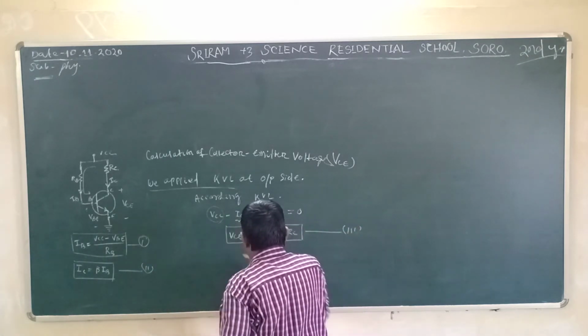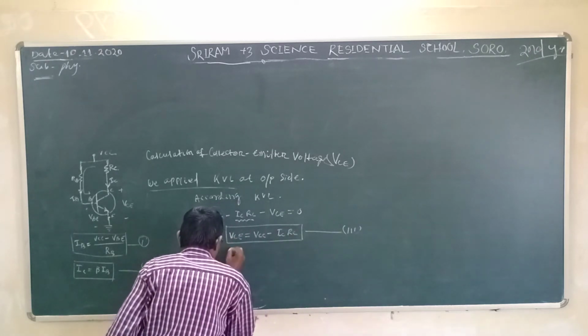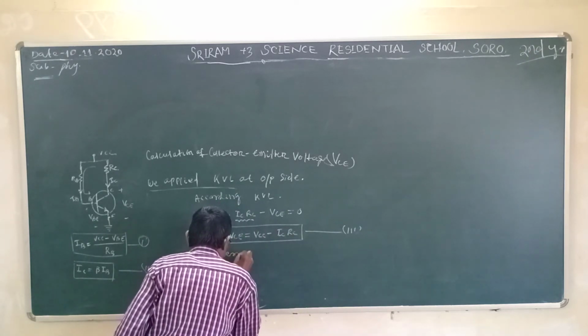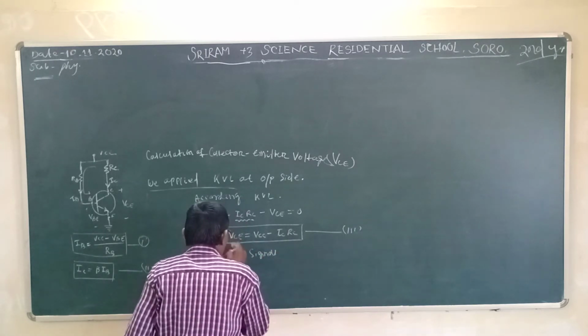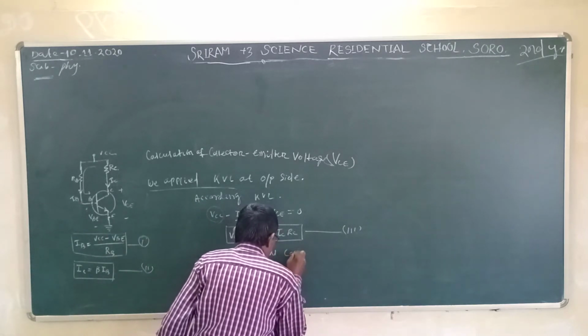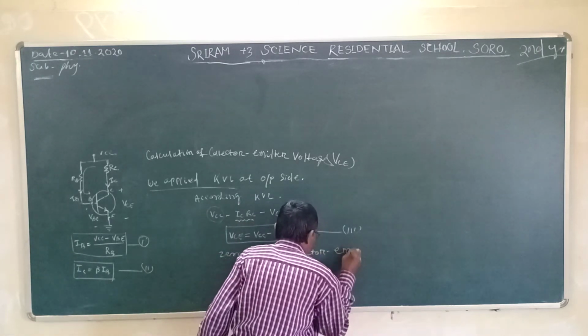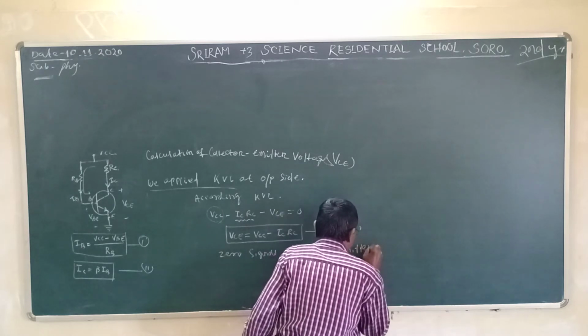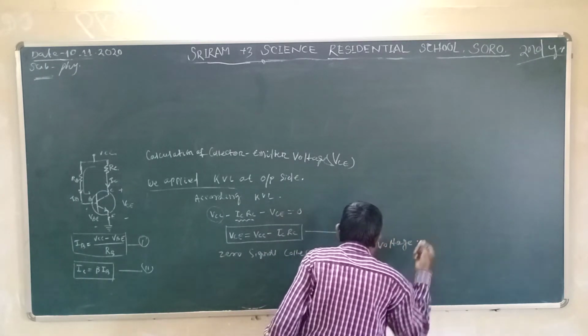So we say that VCE is the zero signal collector emitter voltage.